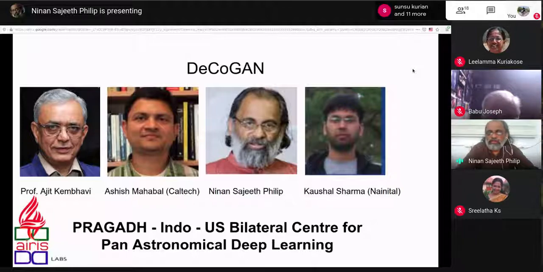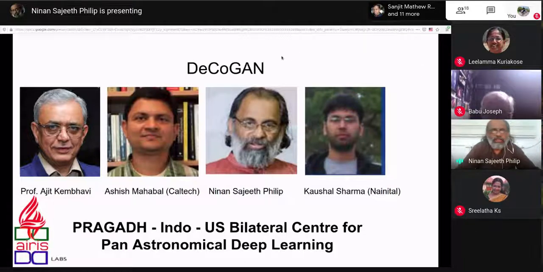Kaushal Sharma was a postdoc at IUCAA, is now at Nainital, and he has been doing the astronomy part, and I am mostly involved in the machine learning part. This is called PRAGYAN, meaning Pan Astronomical Deep Learning Center. That is where this particular deconvolution GAN, or Deco-GAN, was developed.